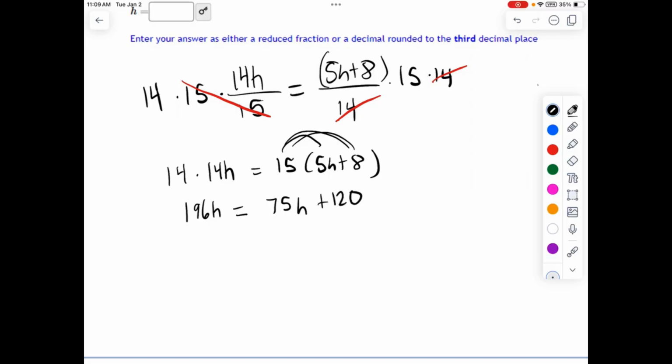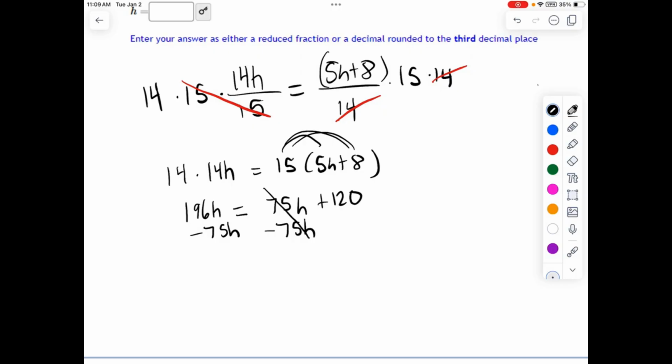Alright, you want all of your h's to combine. You want h equals, that is your goal. So we're going to subtract that 75h to move it to the other side. Now, could you subtract the 196h to the other side and then subtract the 120 to move that to the other side? Yes, you could. I just prefer my variables positive. That's why I moved the 75 over.